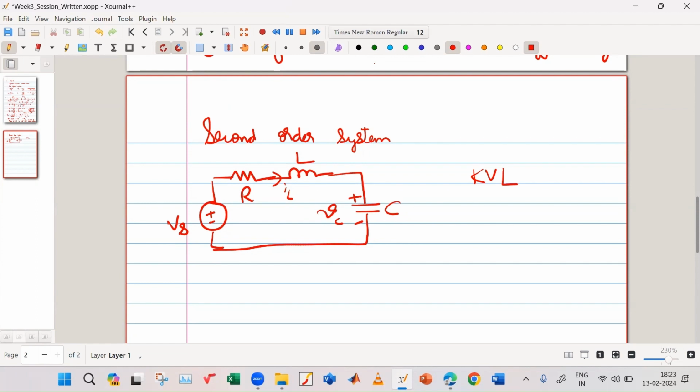Vs is equal to IL into R, plus L into dIL by dt, plus the voltage across the capacitor, which is 1 by C integration of IL into dt, because this actually is your voltage across your capacitor.